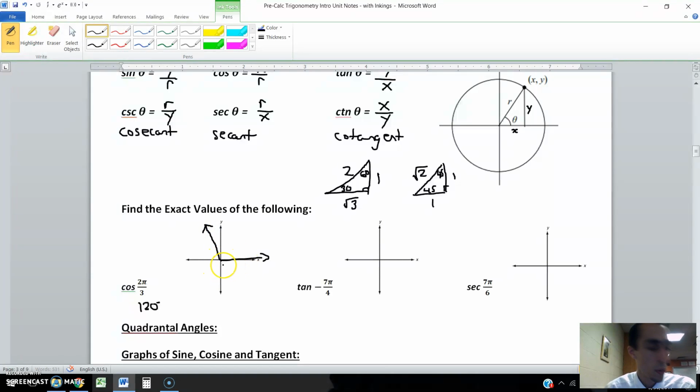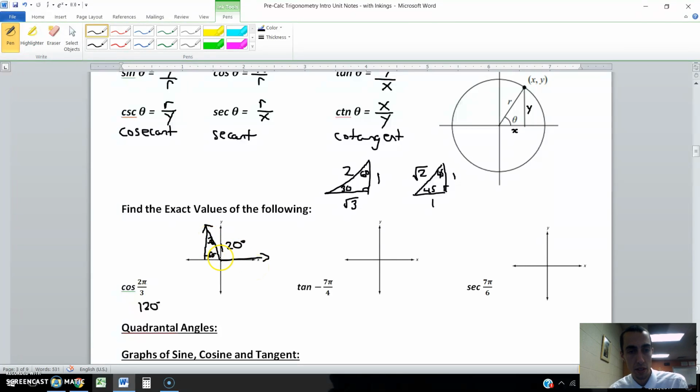So then we think, what's the reference angle for 120 degrees? That's going to be 60 degrees. So put a little 60 in here. Then think of this as a triangle going down from your terminal side. And then we've got a 60-degree angle here, and this one is a 30 in there.